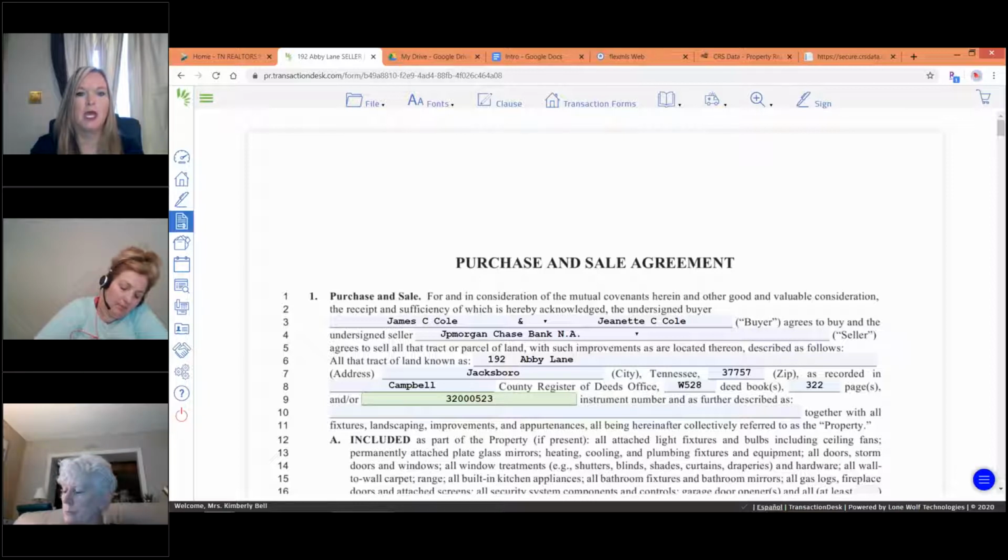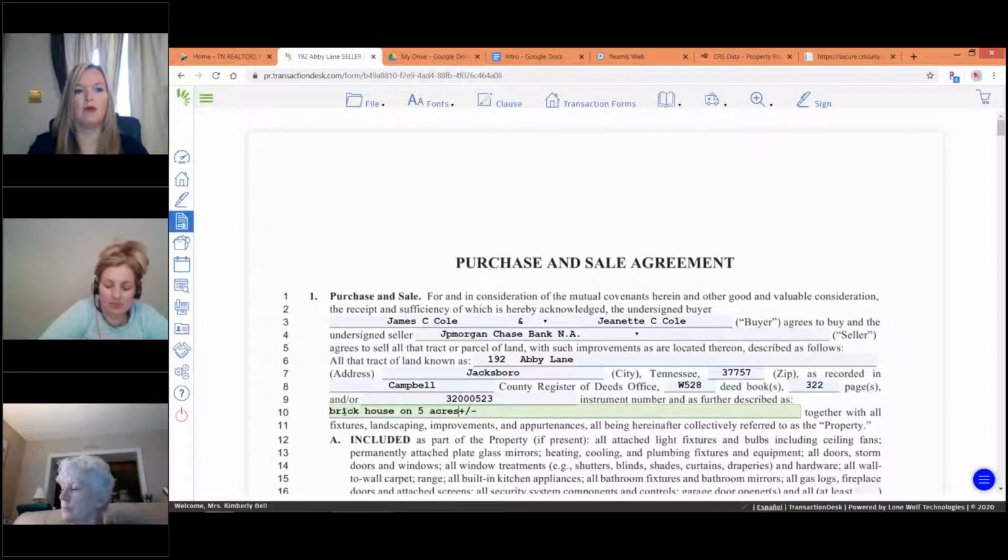Okay. Now, further described as, you can put as much here or as little here as you certainly want. If we said 192 Abbey Lane had 80 acres, you would say brick house on 5 acres. And usually when you deal with acres, you want to do plus or minus.